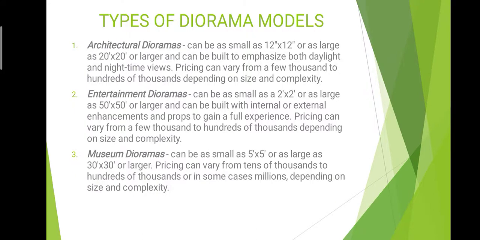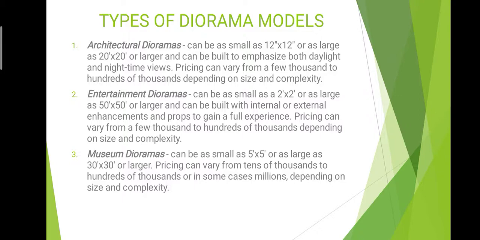So there are types of diorama models: the architectural dioramas, entertainment dioramas, and museum dioramas. Let's start first with number 1. Architectural dioramas can be as small as 12 by 12 or as large as 20 by 20 or larger, and can be built to emphasize both daylight and nighttime views.